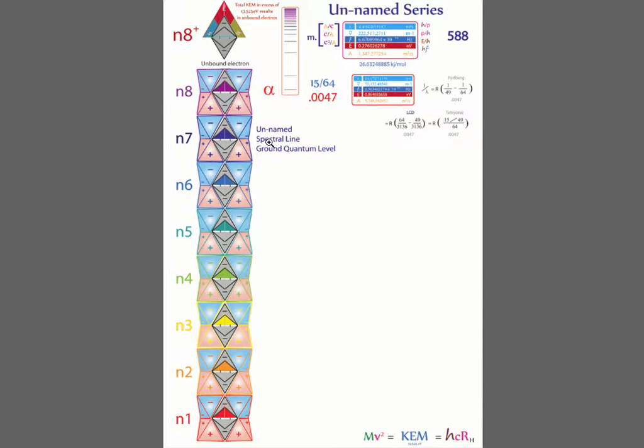It has an alpha line, unnamed alpha, and there is only one transition possible. Any additional energy added to the alpha line above the N7 N8 would result in a free electron.